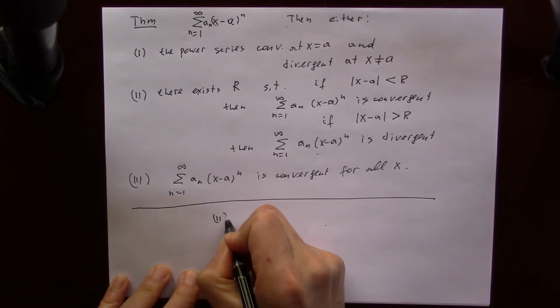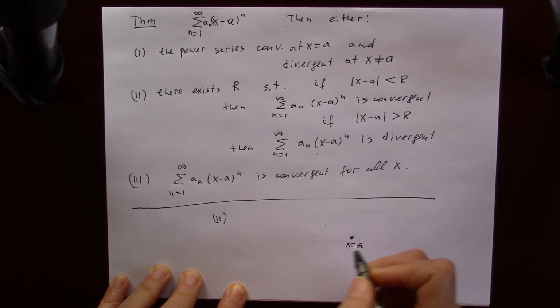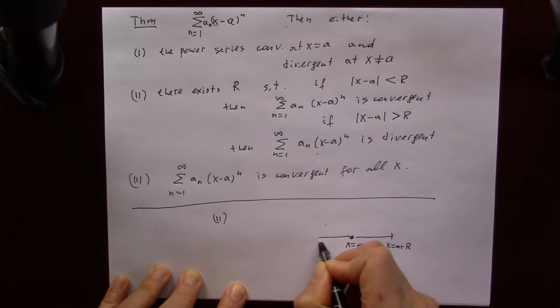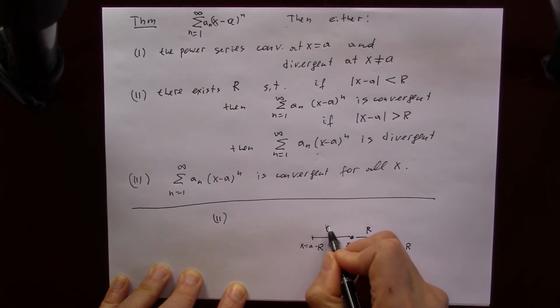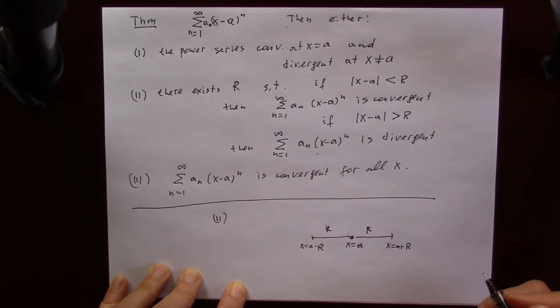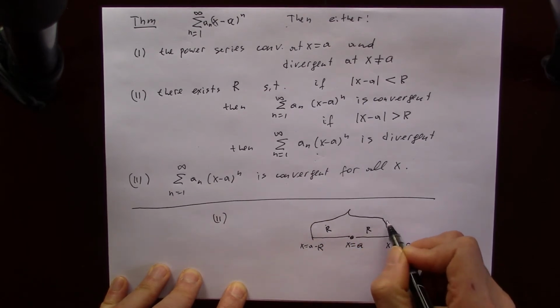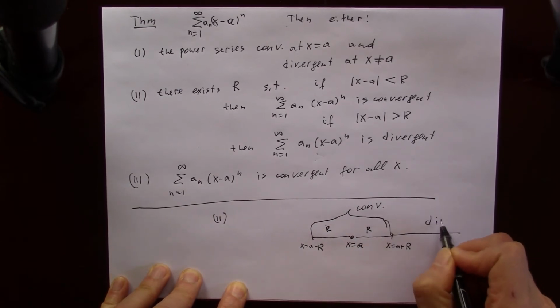So the second case says if we have a center a, x equals a, then we have x equals a plus r and x equals a minus r. So we have distance r and distance r.